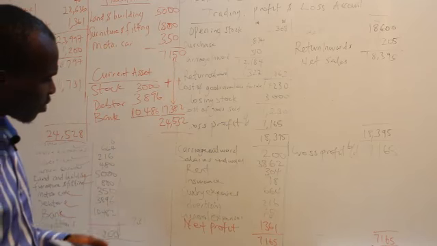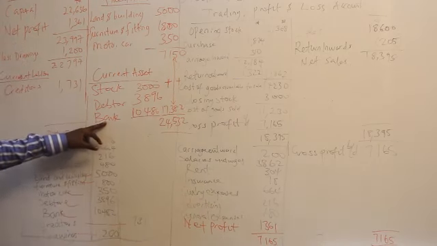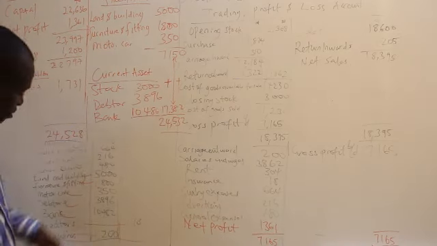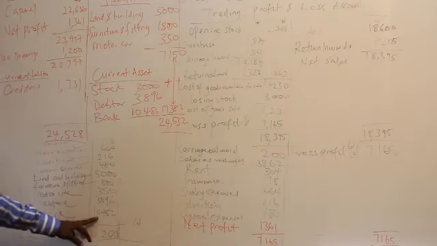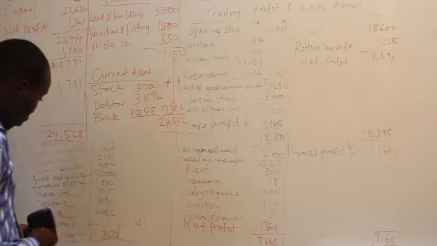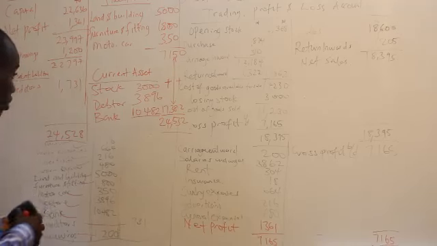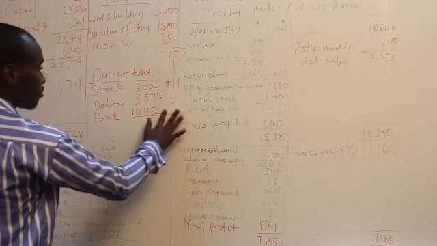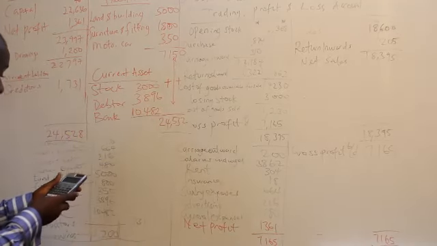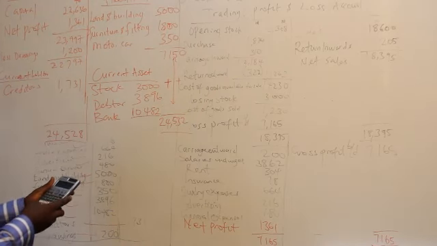Okay, wow, the bank, which is 10,486, actually it should have been 10,482. So because of that error, we're not going to have a balance. So we're going to have 3,000 plus 3,896 plus 10,482.